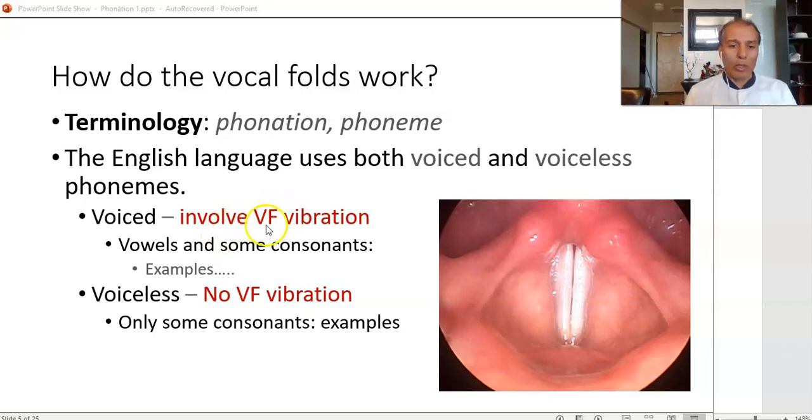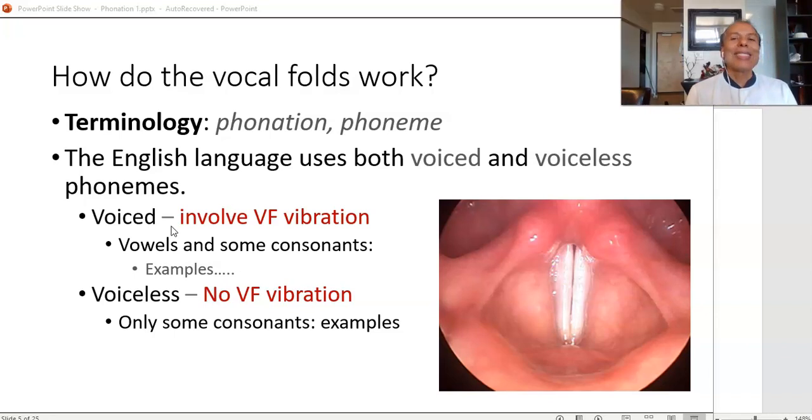Commonly, when we say voiced, we say V plus, and voiceless, we say V minus. So voiced means that the vocal folds vibrate when you make that sound. And voiceless means that the vocal folds do not have any activity. So let's take, for example, a couple of sounds.